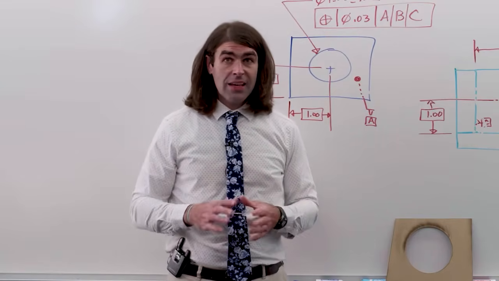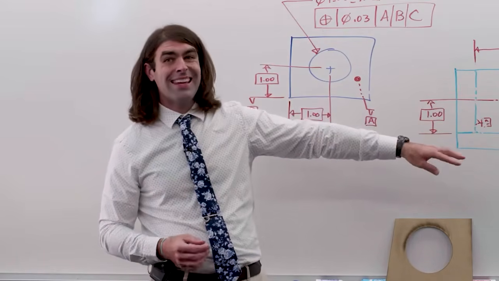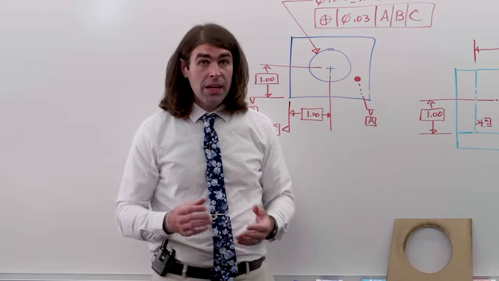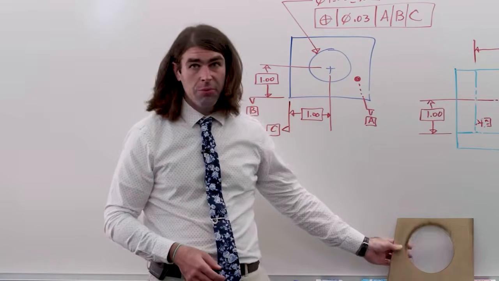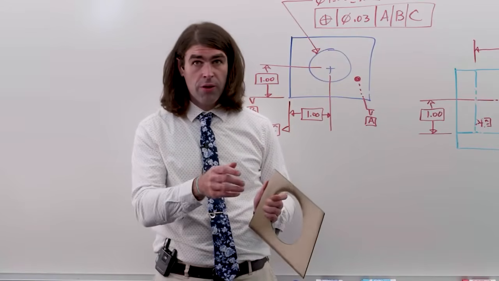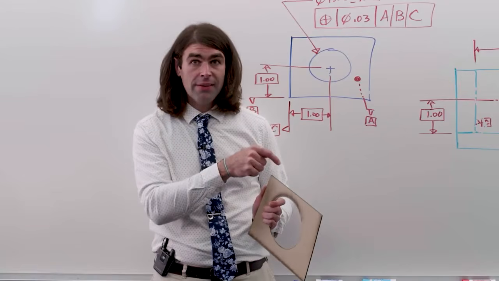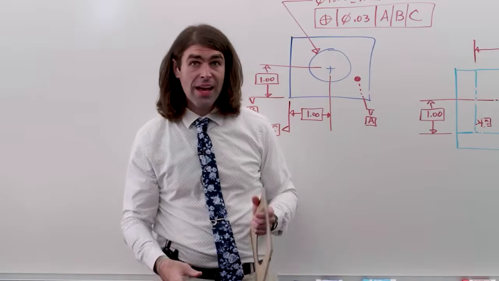And then the next thing is, sometimes people ask, okay, well, what's A doing, right? We're not taking any measurements from A. And you sort of are. It depends how thick the part is. So a really thin part like this, you wouldn't typically flip it over and measure the gauge pin on both sides. But if a part is thick, you're going to flip it over and measure it on both sides.